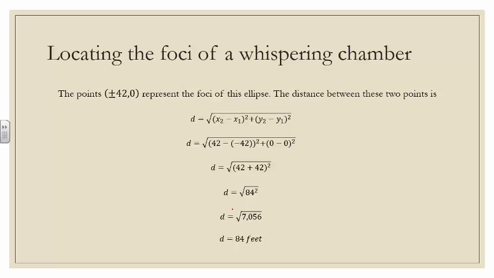That gives us the distance equals the square root of 42 minus negative 42, squared, plus 0 minus 0, squared. 0 minus 0 squared is just 0, so that piece goes away. 42 minus negative 42: remember, a negative times a negative gives us a positive. So we have 42 plus 42, squared, which is 84 squared. And we find that the distance between our two foci is 84.